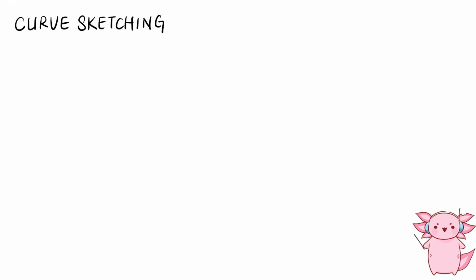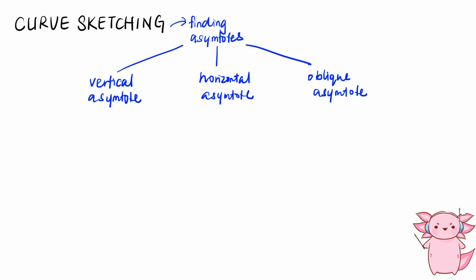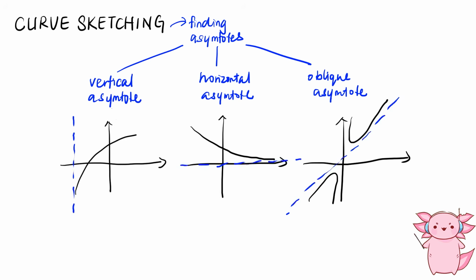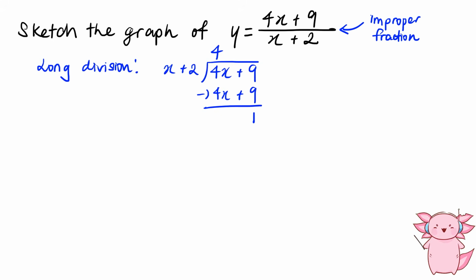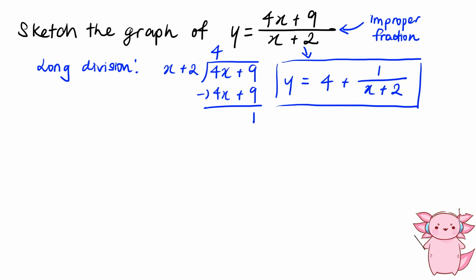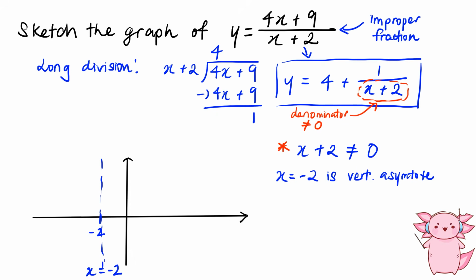This topic is all about the idea of asymptotes, which is an imaginary line the curve approaches but never crosses. In order to sketch this graph over here, if it's an improper fraction, the first step is to always do long division, and we get y equals 4 plus 1 over x plus 2. Since we know that the denominator can't be 0, x equals negative 2 is a vertical asymptote.